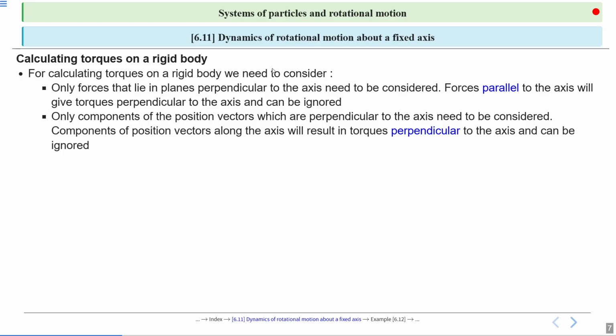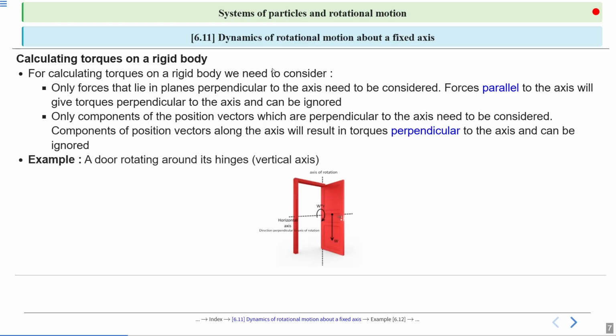Alright. So think of a door. You push the door straight into the hinge, along the axis. Will it rotate? Yes or no?